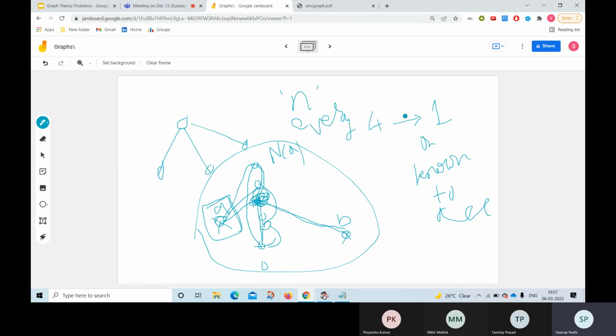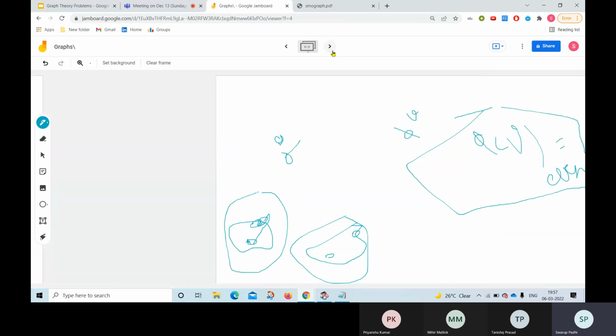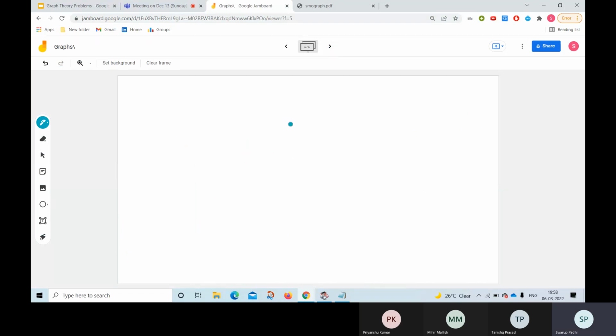Suppose this vertex is connected to other vertices.